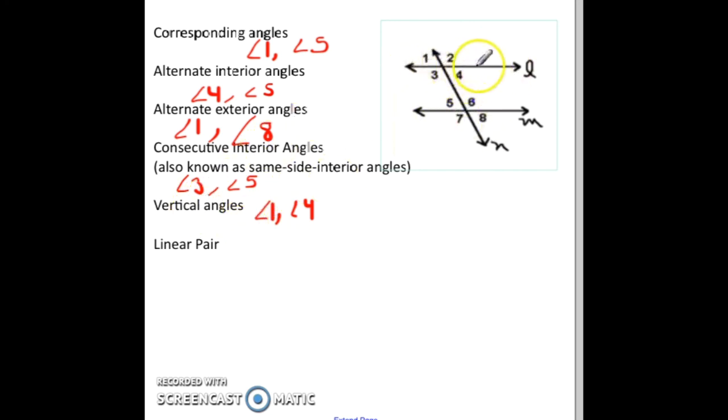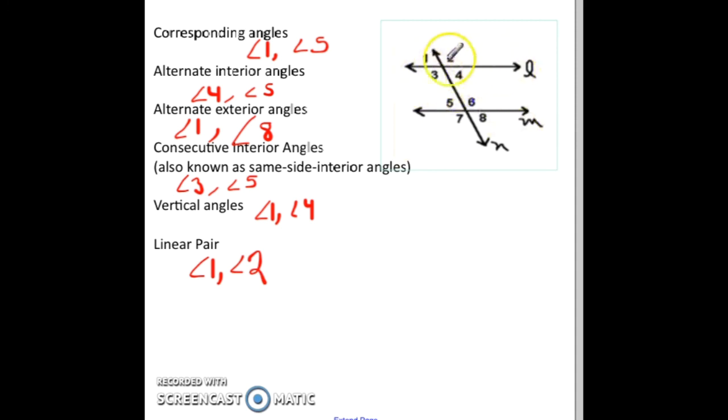They make a line when they're together. 1 and 2 are a linear pair. That means they're supplementary. And we went over the linear pair postulate the other day. So if you have two angles that make a line, then you have a linear pair, and they are supplementary. Because remember, a straight angle is 180.